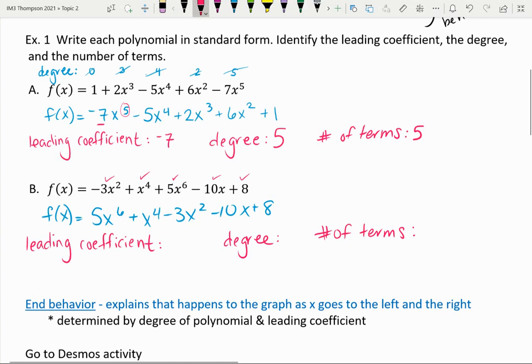So the leading coefficient and the degree are both going to be determined by whatever the first term is if this is correctly written in standard form. So 5x to the 6th. The leading coefficient then is just 5. It's the coefficient in the lead of the entire polynomial. And the degree is just going to be the highest, so that's degree 6. Count up the number of terms. This has 5 terms again. Just a coincidence.